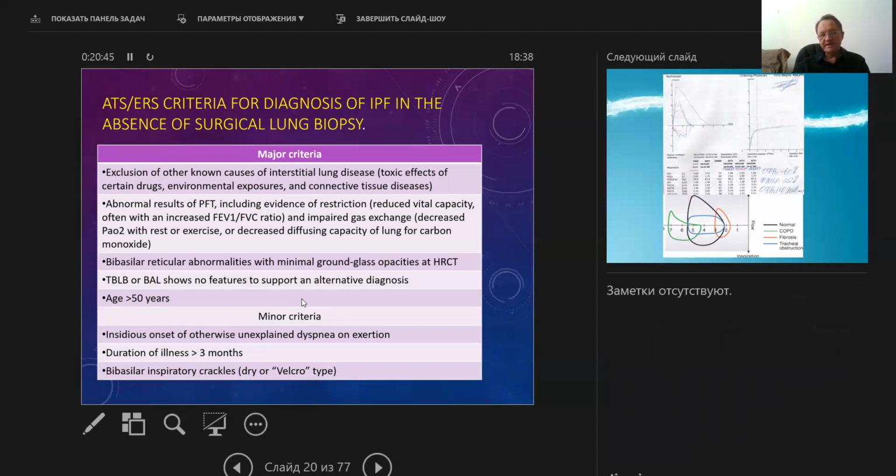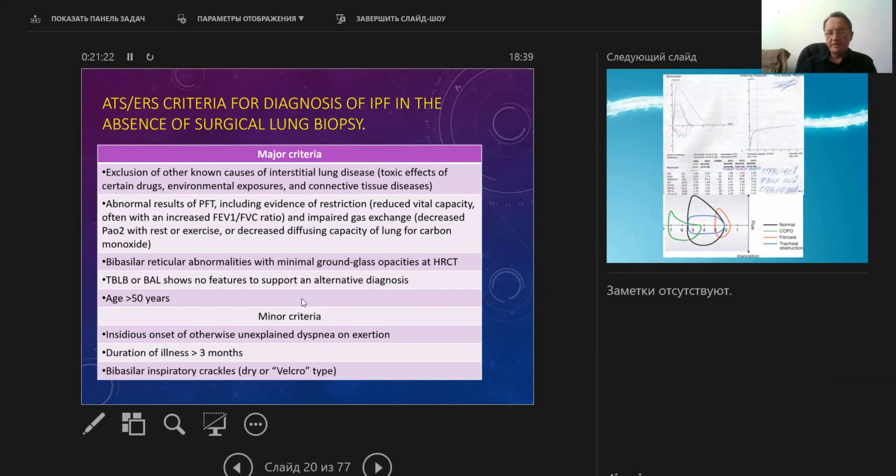The American Thoracic Society and European Respiratory Society propose criteria for diagnosis of IPF in the absence of surgical lung biopsy. First of all, exclusion of other known causes of interstitial lung disease: toxic effects, consumption of some kinds of drugs, I talked about amiodarone, environmental exposure, connective tissue disease.